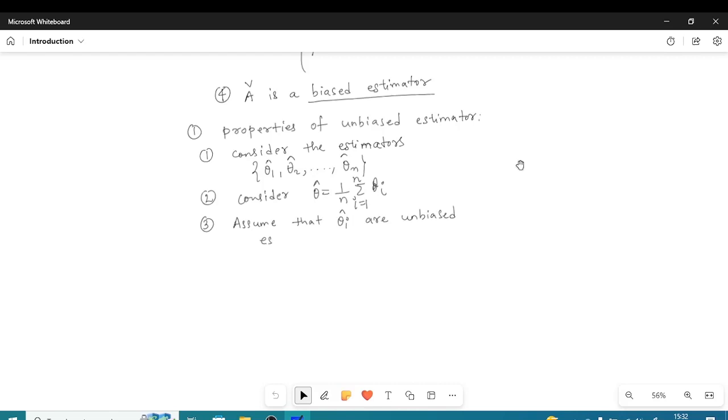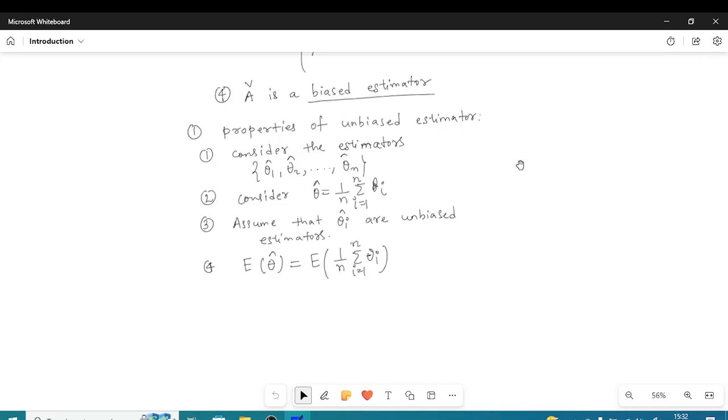Okay, so if we find the average value of theta hat, that is average value of 1 over n summation of theta i hat, then what will this equal to?